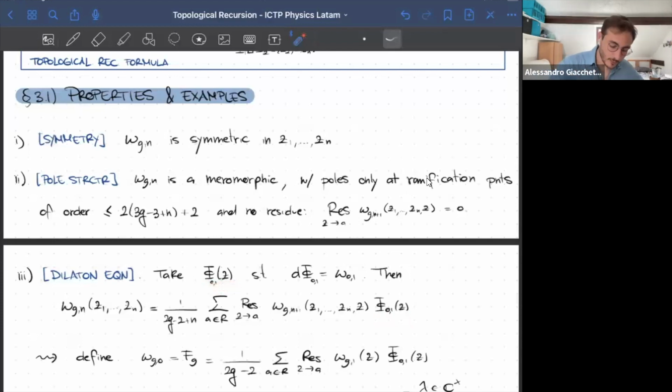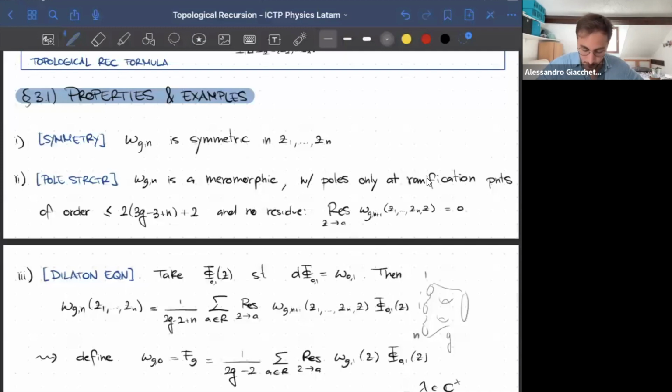And in the spirit of Riemann surfaces, this is the same as saying that if you take this correlator with genus g and n plus 1 boundaries, so here you have 1 up to n, and one more boundary here, when you glue to it this phi 01, which is something like a disk, then you get exactly the correlator with the same genus, but one boundary component less because you just glued a disk on it.